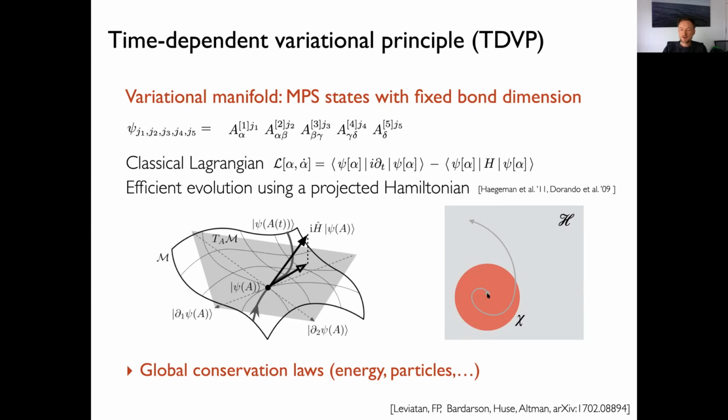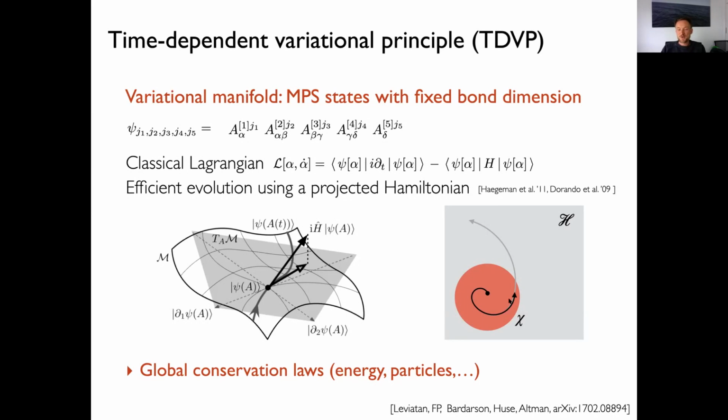The idea is we start from a simple state which can be represented in terms of an exact MPS. So this is this dot here. And now we start evolving the state. As we build up entanglement in the beginning, this state can be exactly represented in terms of an MPS. But now the entanglement grows, and at some point we reach the boundary of the manifold of states that can be represented in terms of matrix product states with a given bond dimension.